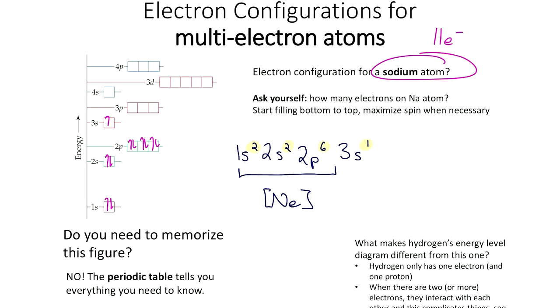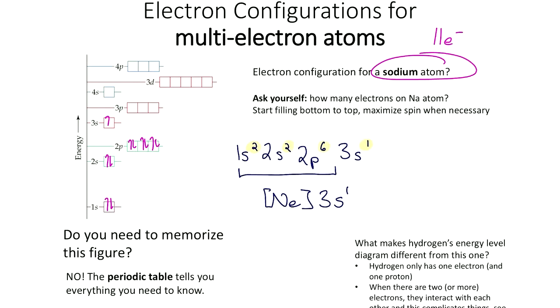It's like, oh, start at neon, and that takes care of 10 electrons. Then just write that 11th electron for sodium. So we can write neon to take care of those first 10, and then we just have to write 3s1 for sodium. But do recognize that you still have to write the right n value, and I have some tips on how we do that.